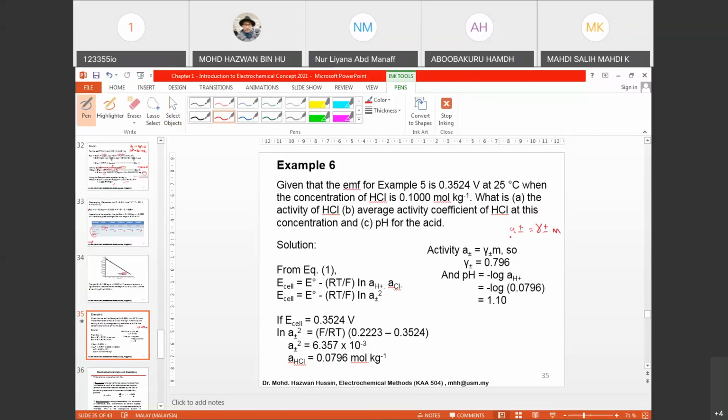Earlier on you got a plus minus equal to 0.0796. m is equal to 0.1. So I substitute here. Gamma plus minus is equal to a plus minus over m. Then you will get 0.0796 divided by 0.1. Of course, this will result in 0.796. Is it okay?